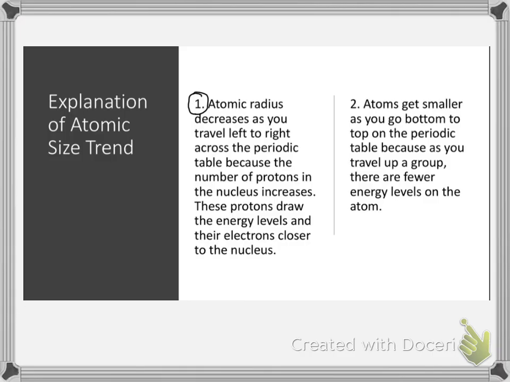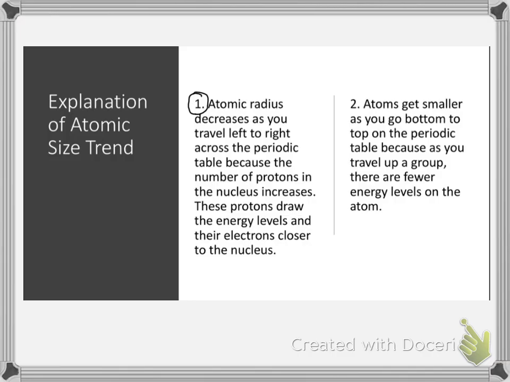Because in theory, as we go across a row or across a period, each new element is getting another electron. So you would think, well, why isn't the volume of the atom getting larger? But it's not only getting an electron, the nucleus is also adding a proton. So as you go across, the nuclear charge is increasing.